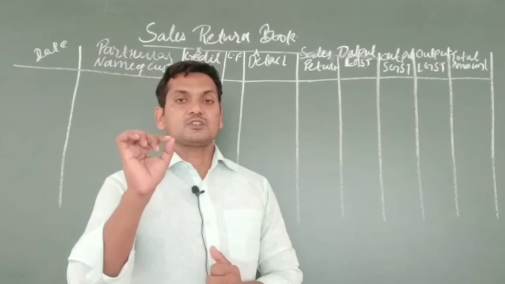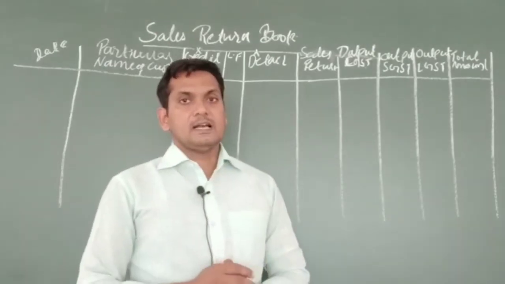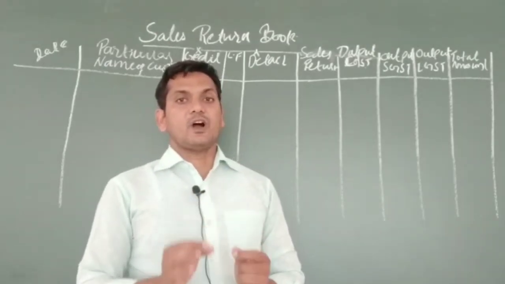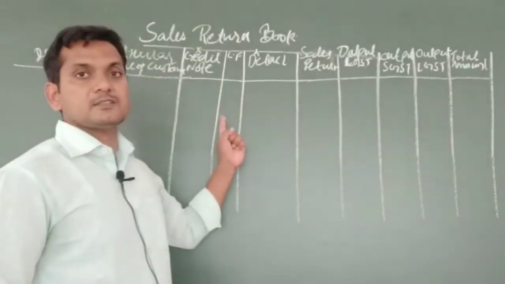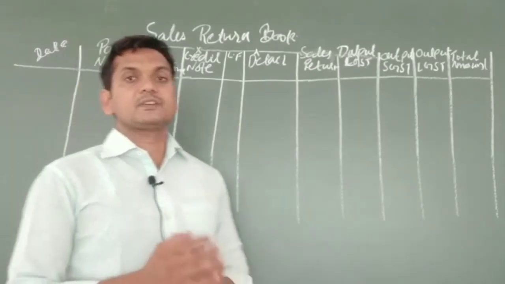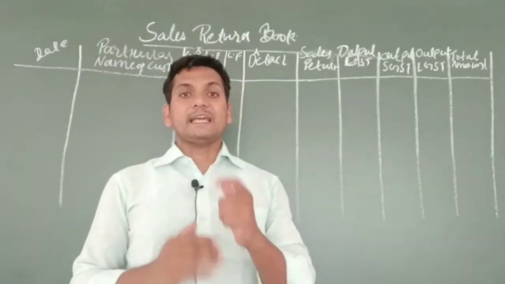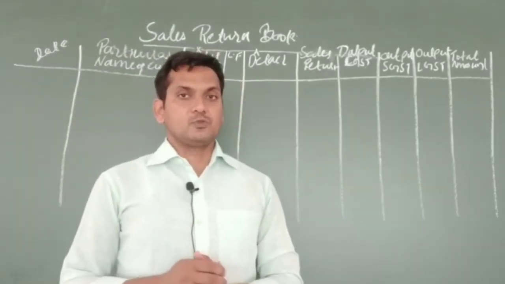Then the customer will return the goods to the business, and the business will record those goods in that book, or sales return journal, or sales return books. Today we will discuss how we can maintain the sales return book.